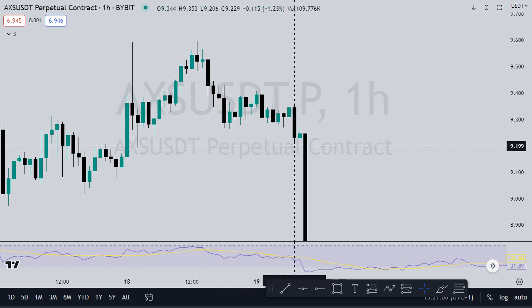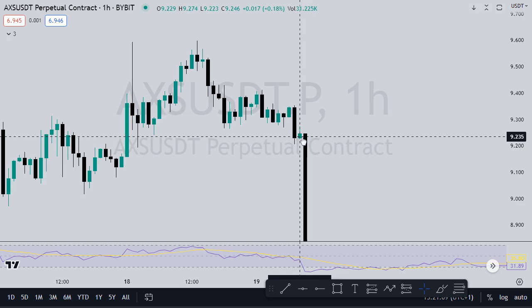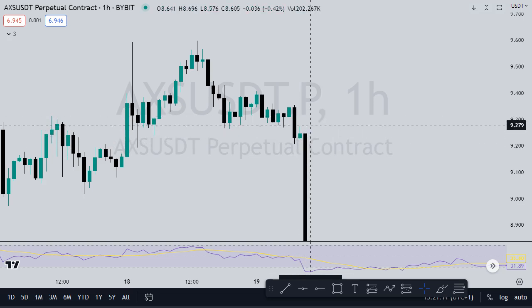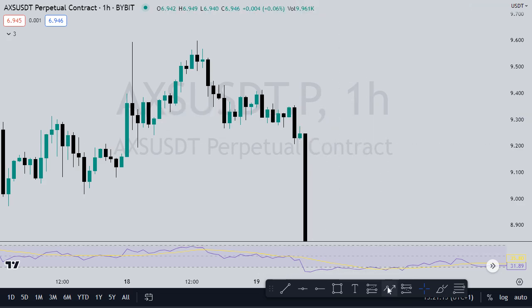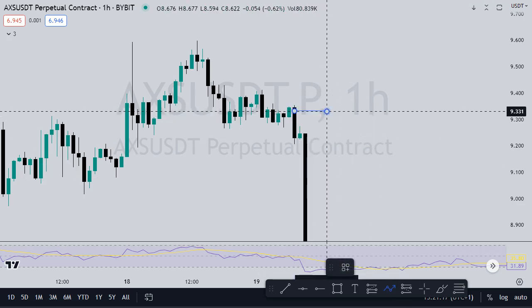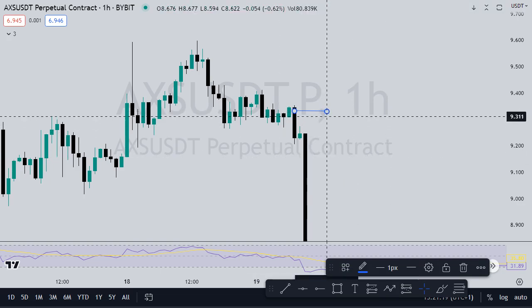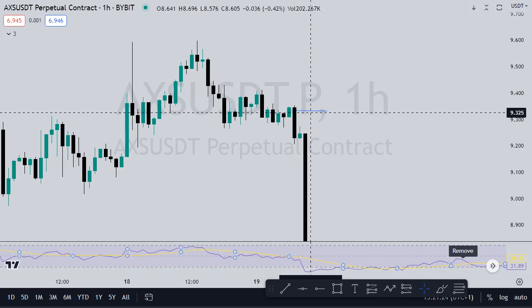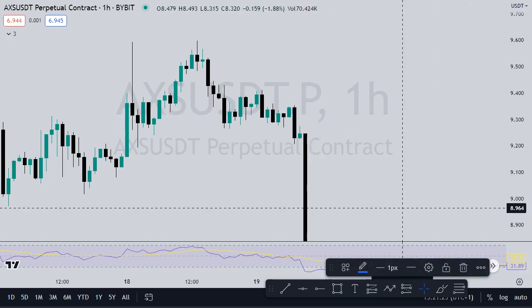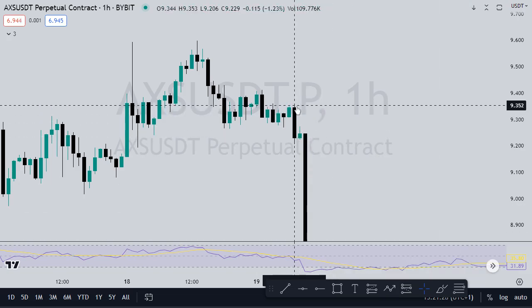Look at this one also. This is the bearish bar. Look at the bullish bar. Imagine a pregnant woman facing this direction. Okay? Facing this direction.